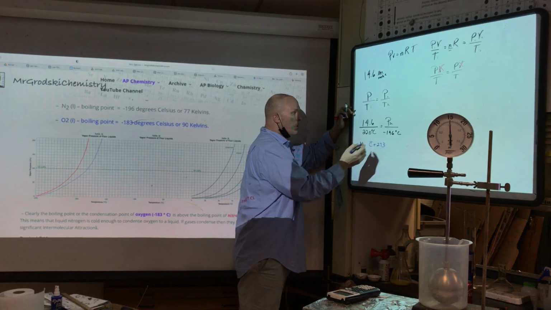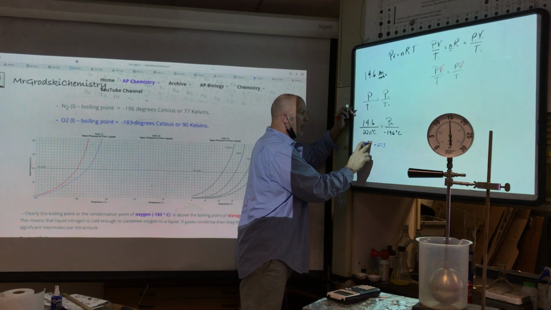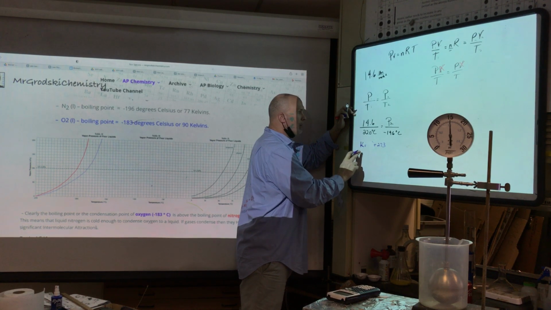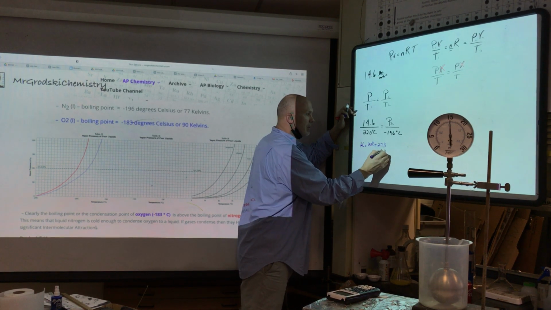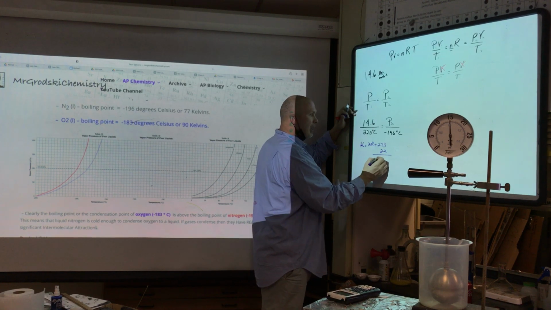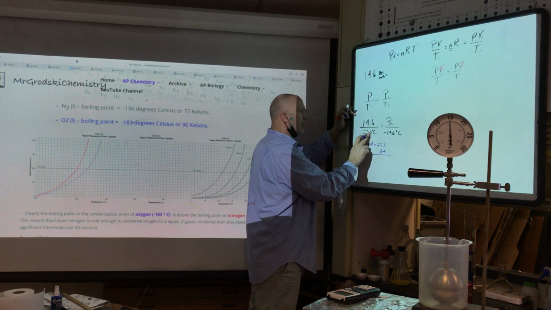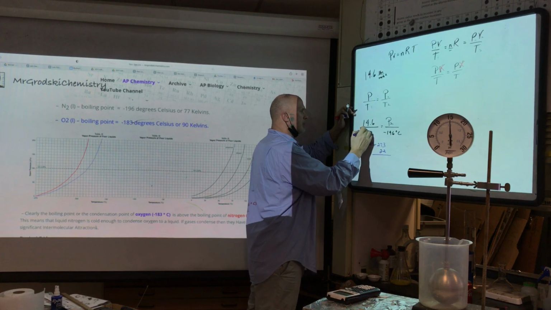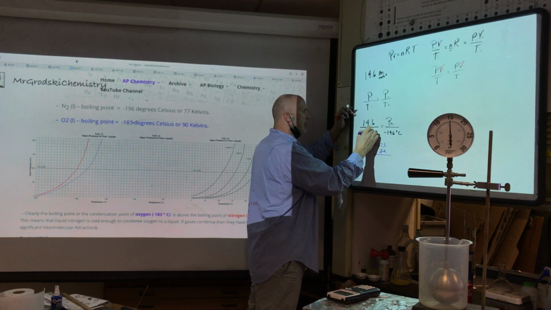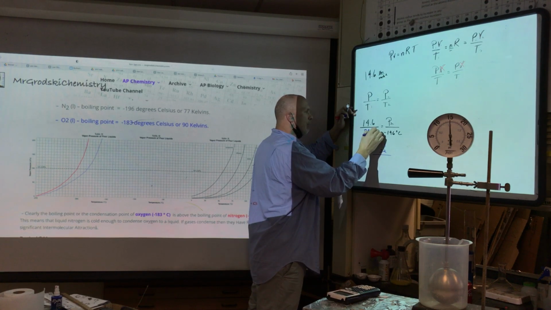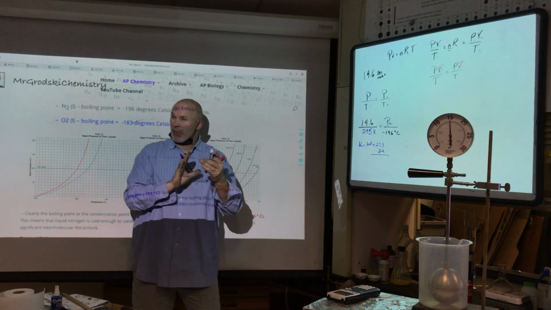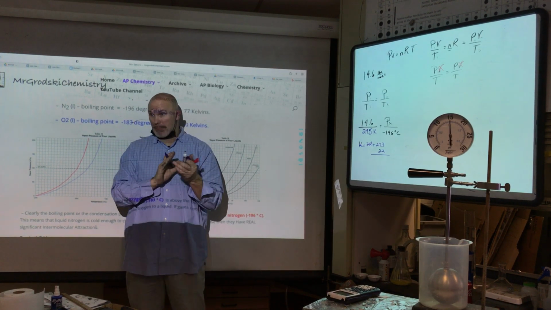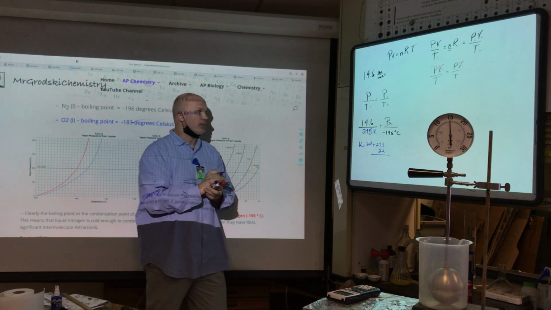So 22 degrees Celsius plus 273, I get 295. So this becomes 295 kelvins. And 295 kelvins means I'm 295 units away from a true zero, where there's absolutely no pressure, no molecular motion.